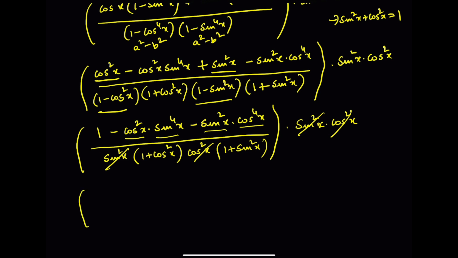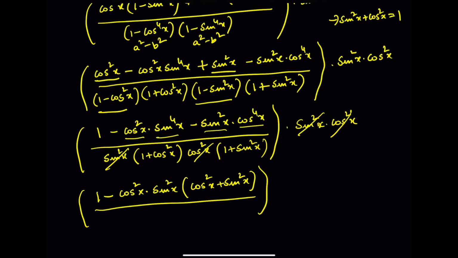So let's do that. This will be 1 minus cos square x sin square x times cos square x plus sin square x, correct? Divided by, now let's multiply this, both of them. So what happens if we multiply?